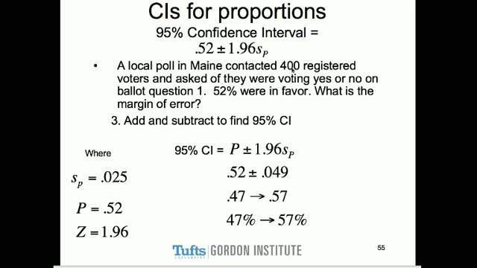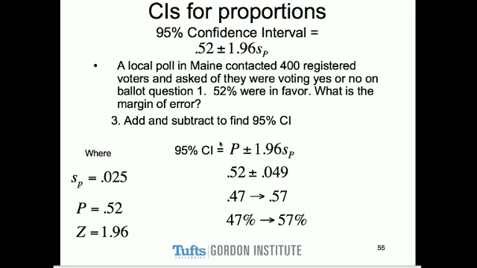Now, if you were on either side of this issue, you wouldn't be very happy. Okay? Because if yes is right in here, you know that there's still a slight chance that you're going to lose this one, and the accuracy of this information is based upon your sample size here.